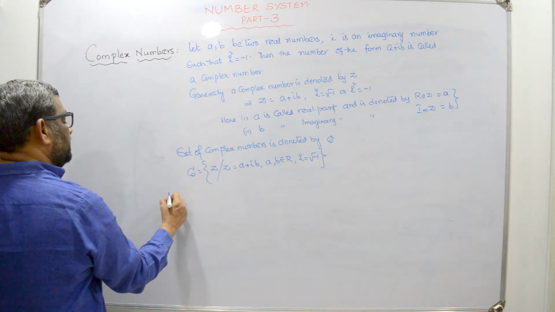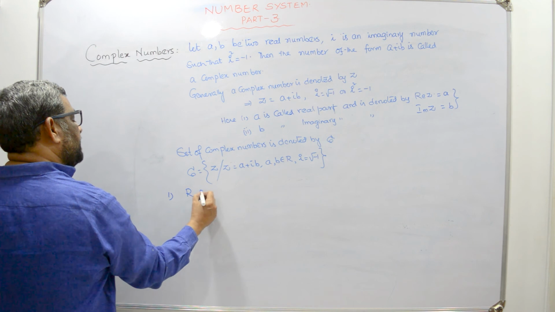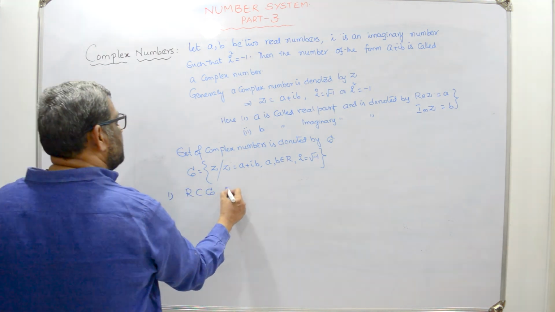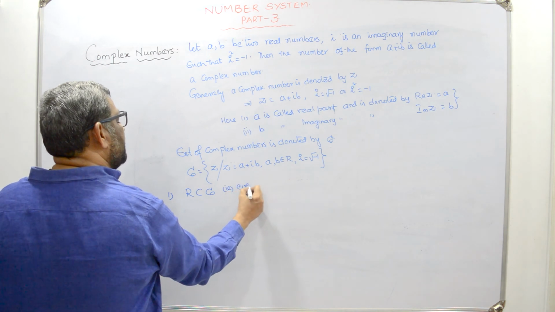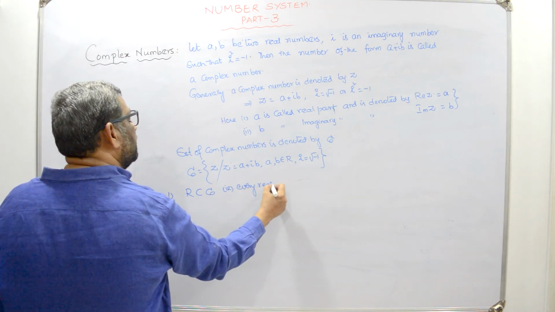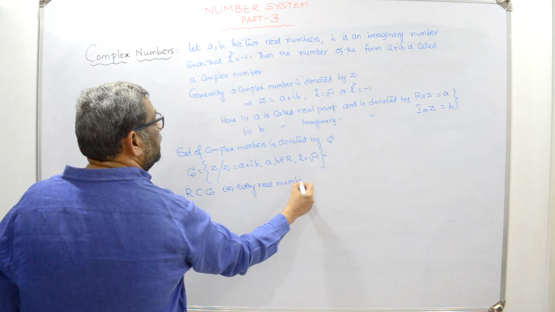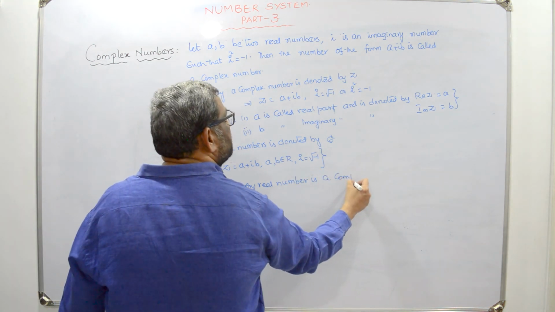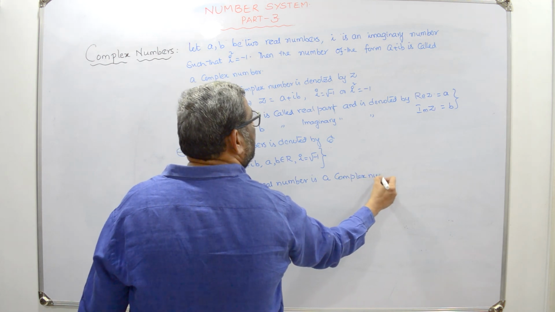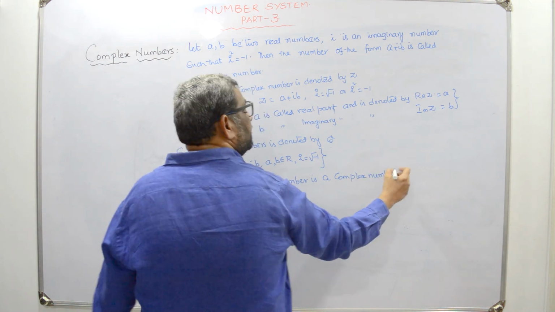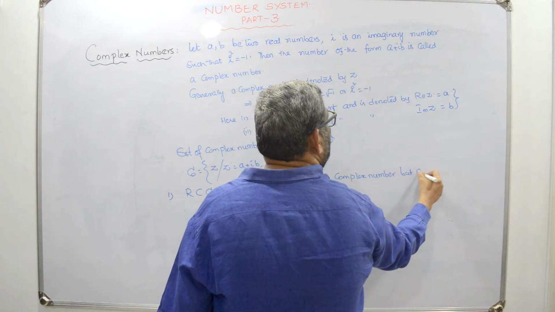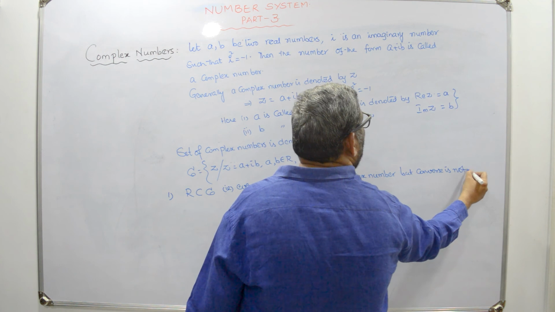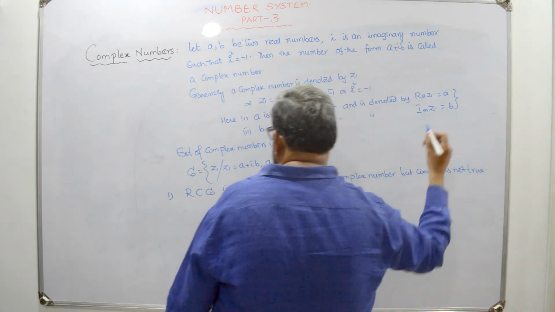Next point. R is a subset of complex numbers. That is, every real number is a complex number, but the converse is not true.